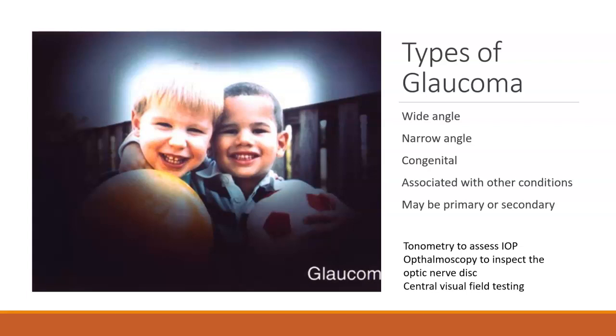It can be primary or secondary, and it can be congenital, so some children are born with this or have a propensity for it. And there is some testing there: the tonometry to assess the intraocular pressure, ophthalmoscopy to inspect the optic nerve disc, and then the central visual field testing, as we've talked about earlier.